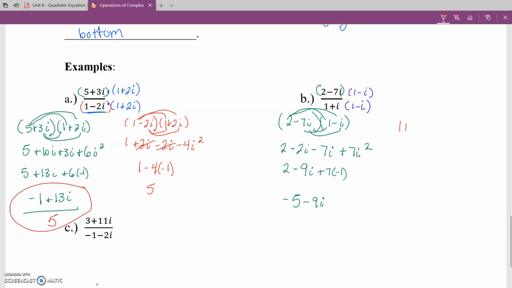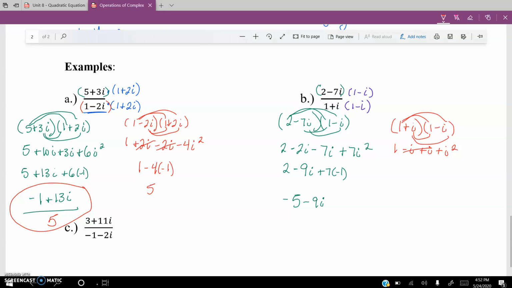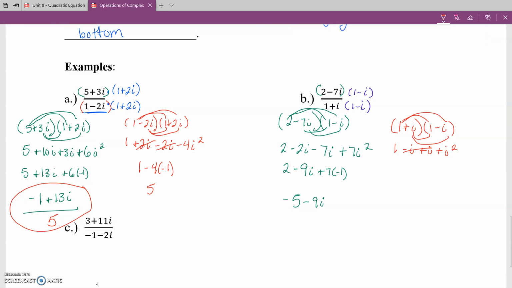Bottom. 1 plus i times 1 minus i. 1 times 1 is 1. 1 times negative i is negative i. i times 1 is positive i. i times i is i squared. Negative i, positive i cancels. i squared becomes negative 1.